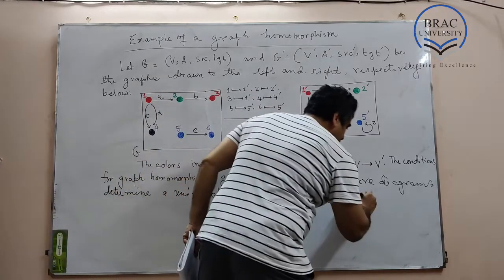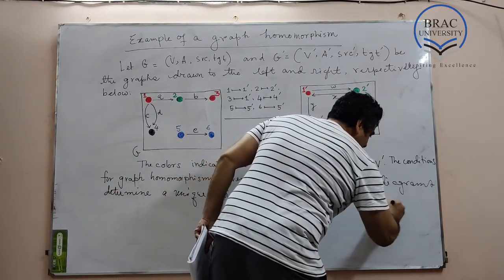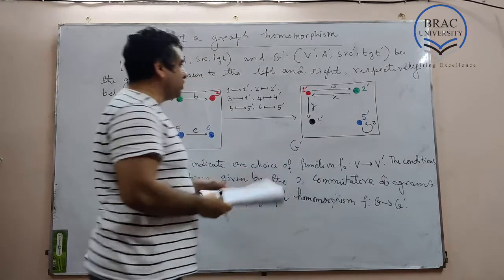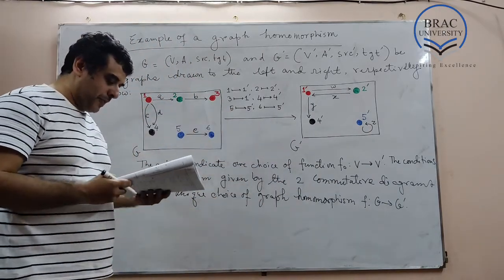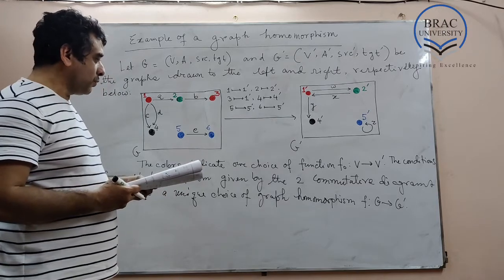The graph homomorphism denoted by f from G to G prime. This is the unique graph homomorphism that we have for these two graphs. So now let's check the following things.